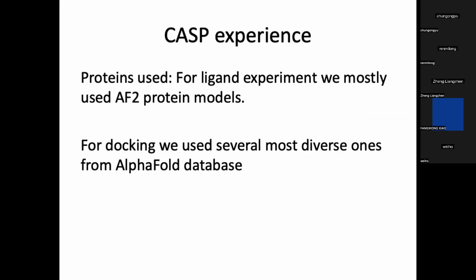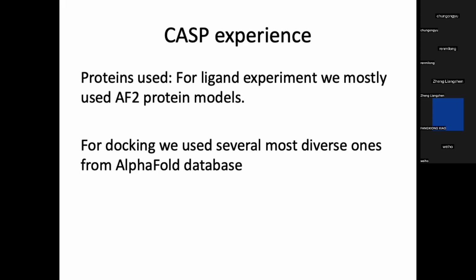For CASP we docked mostly to AlphaFold models. In a template-based protocol, protein structure plays a role, but not as big, as long as there is rough similarity between template and structure.